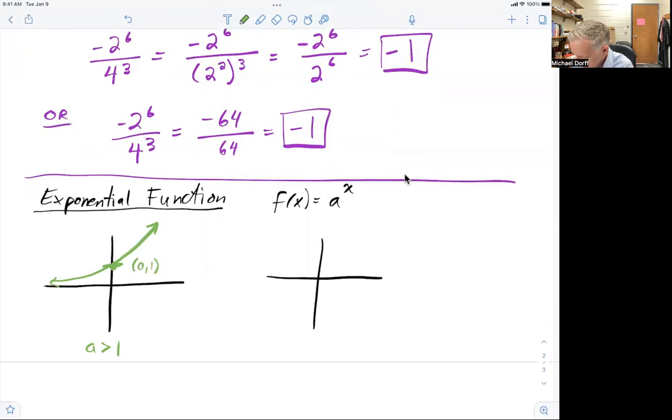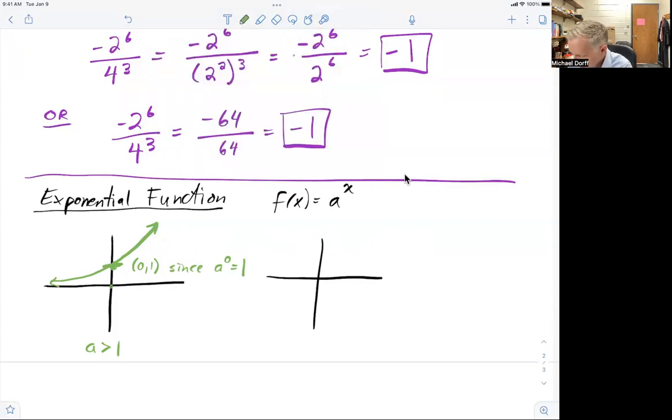That's because it would be saying a to the 0 equals what? So x is 0, and the y value is 1, because if a is greater than 1, then a to the 0 is going to equal 1.